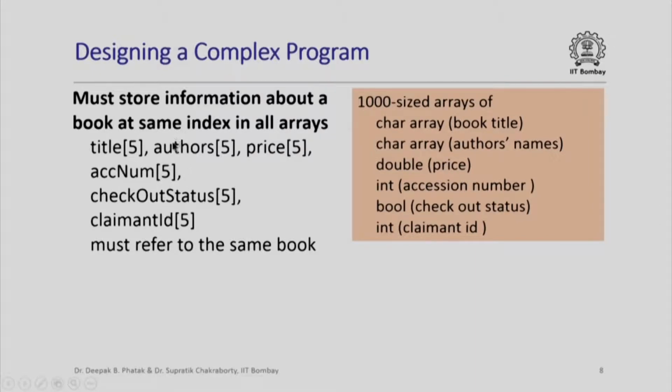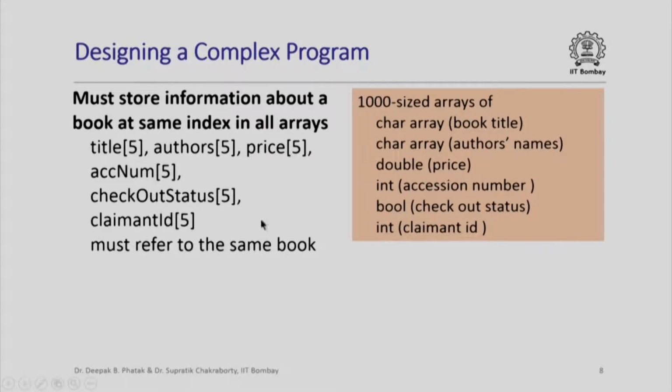Now, since the information about the same book is stored in the array title and also in the array price and also in the array accession number, how will I find out the price of the book whose title is stored in the array book title at a particular index? How will I find out the accession number of that book?